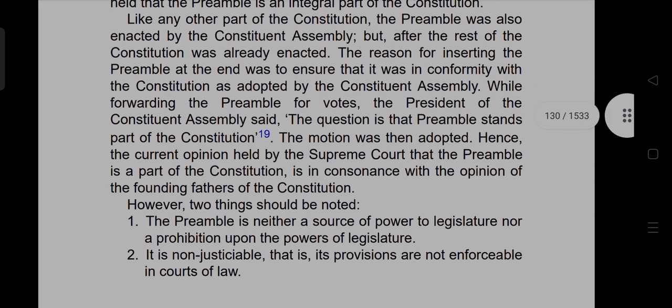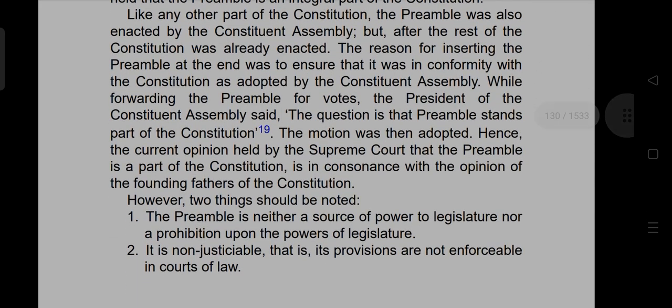Like any other part of the Constitution, the preamble was also enacted by the Constituent Assembly, but after the rest of the Constitution was already enacted. The reason for inserting the preamble at the end was to ensure that it was in conformity with the Constitution as adopted by the Constituent Assembly.